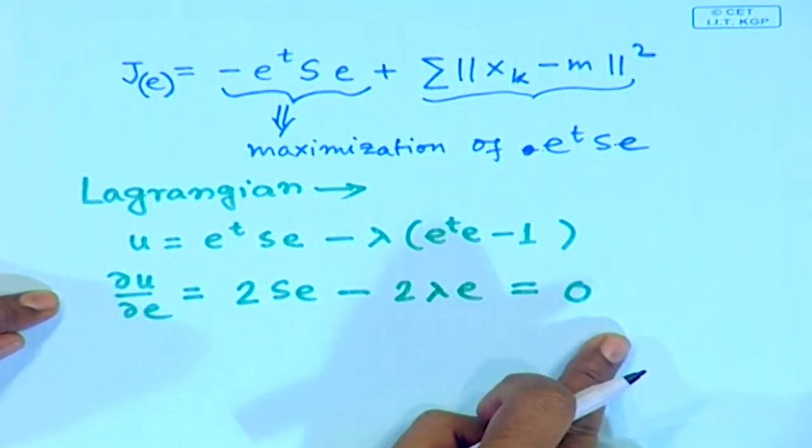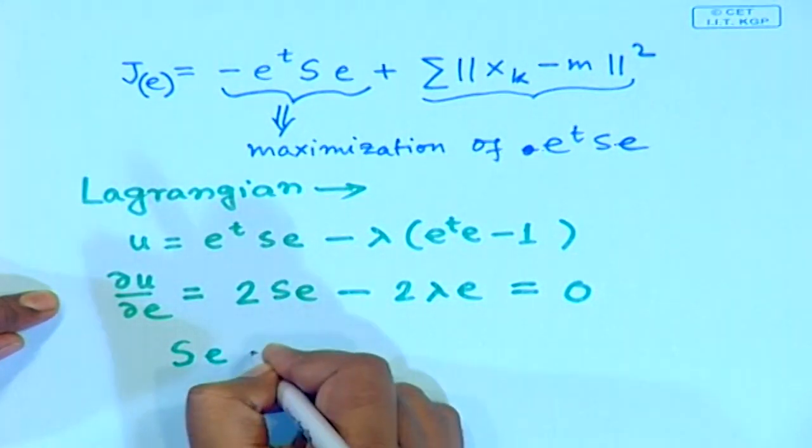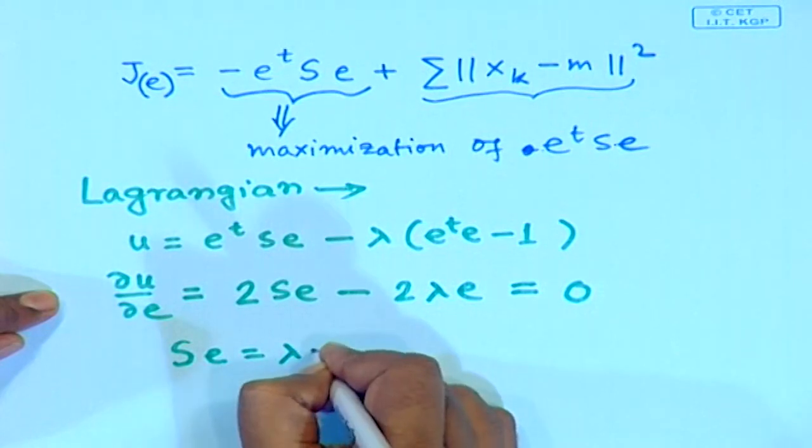If I equate this to 0, I get the simple expression SE is equal to lambda E.